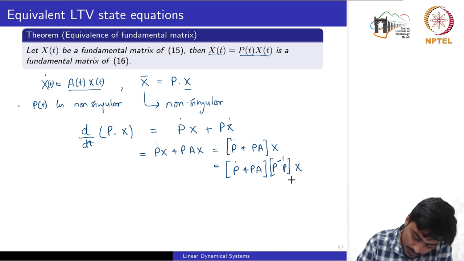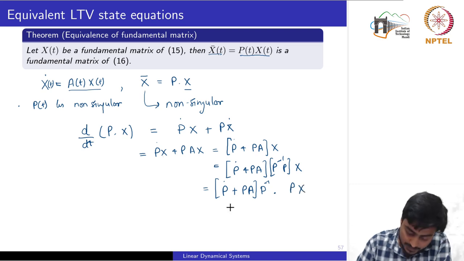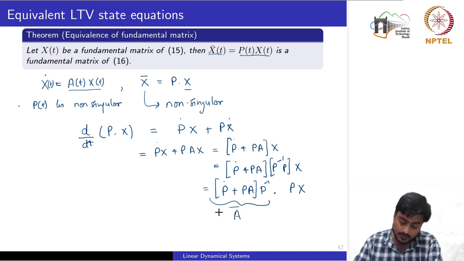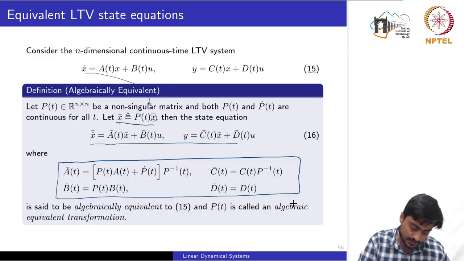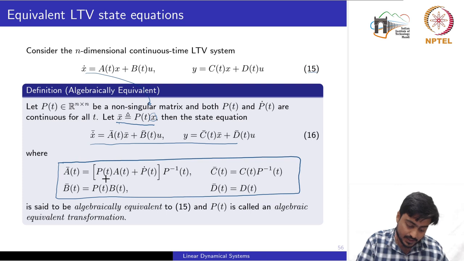Okay, so I can separate both the terms as P dot plus PA multiplied by P inverse, times Px. Okay, and this part we know is given by A bar. If we see the previous slide, A bar is defined as the multiplication of PA plus P dot multiplied by P inverse.